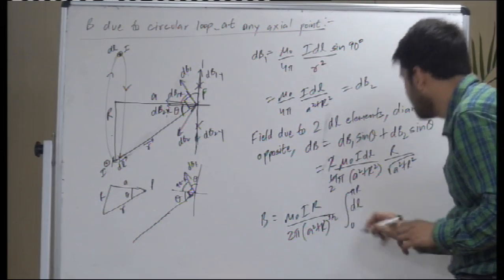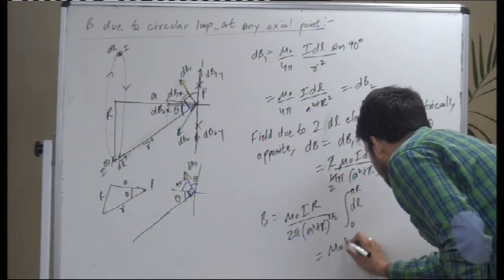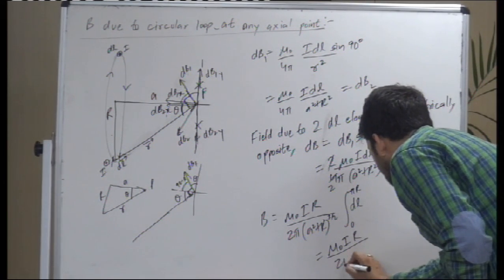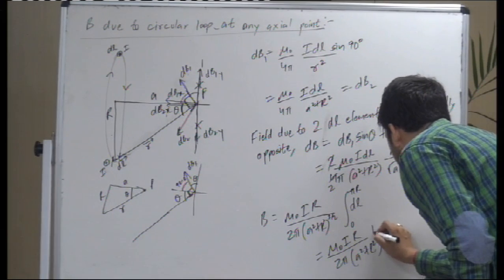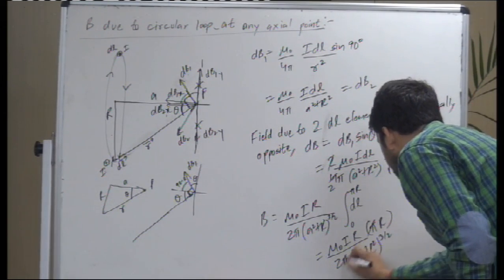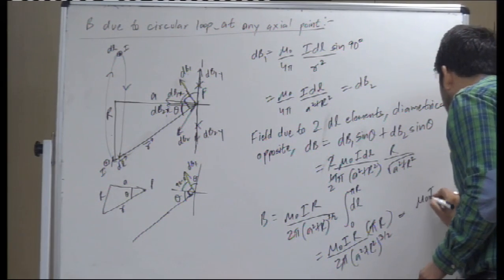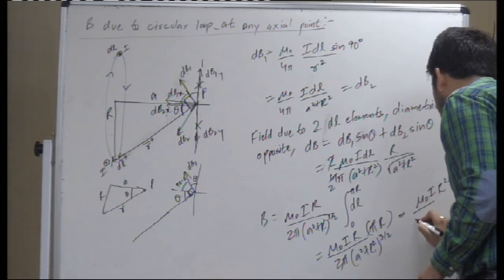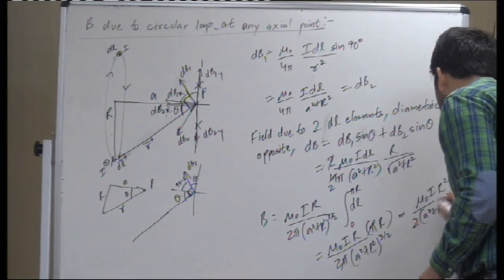From 0 to pi r, you would get mu naught I r upon 2 pi, a square plus r square to the 3 by 2, into pi r. Pi cancels, and this is mu naught I r square upon 2 times a square plus r square to the 3 by 2.